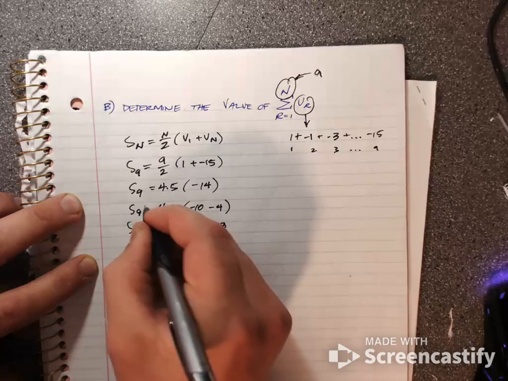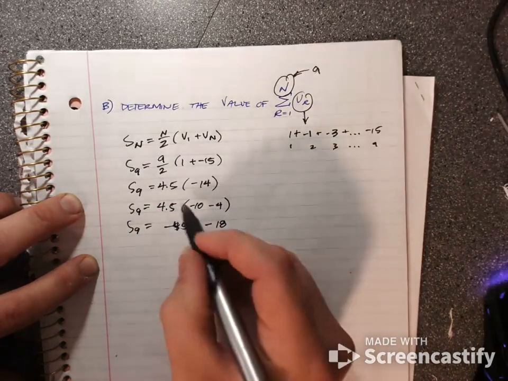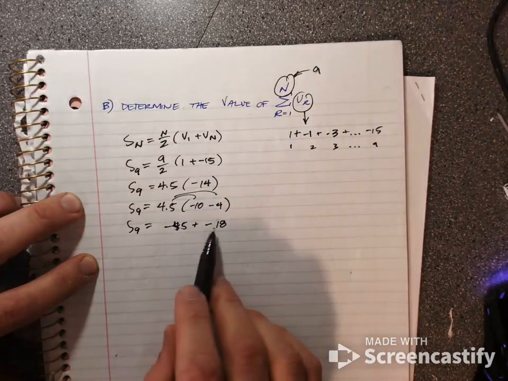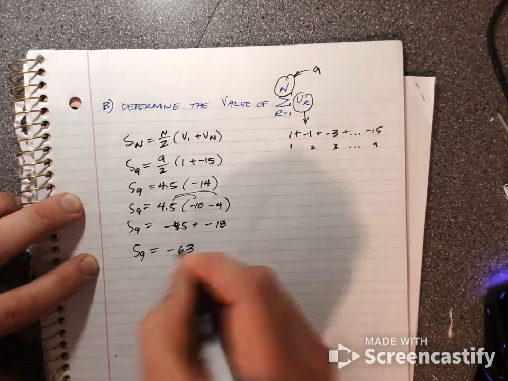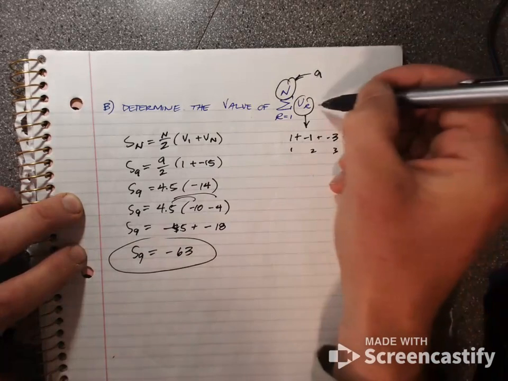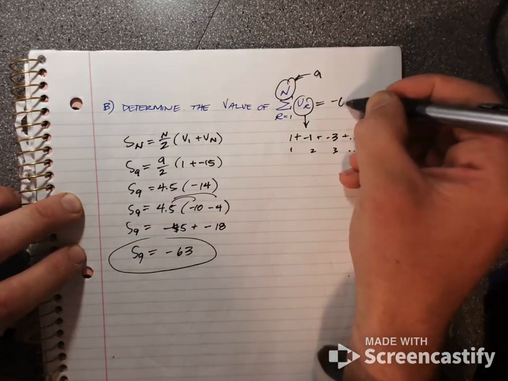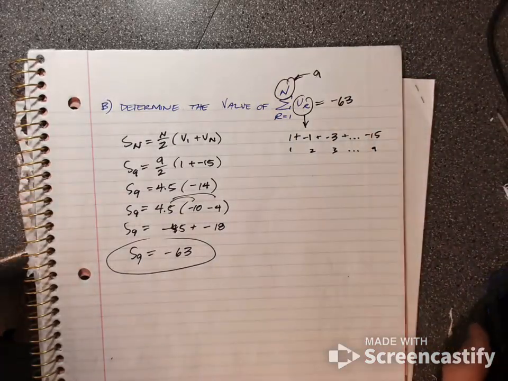Just doing some mental math there. That's a 45. So I essentially distributed this. Okay, and then that's 50, 63. So this symbol represents the sum equivalent to -63, which is the sum of all those terms in the sequence.